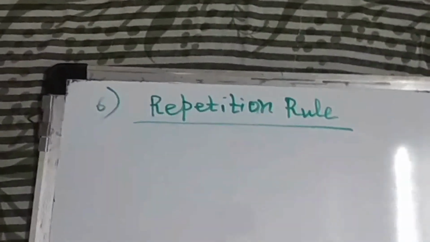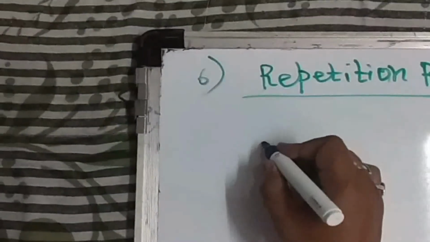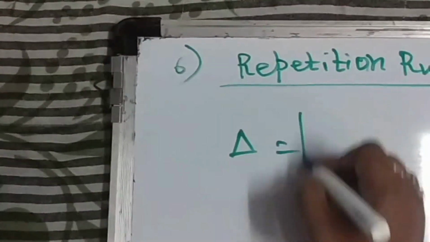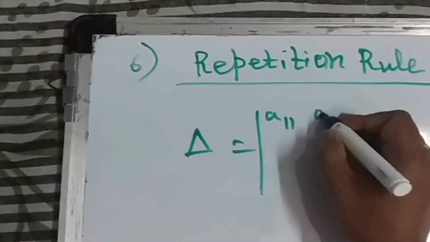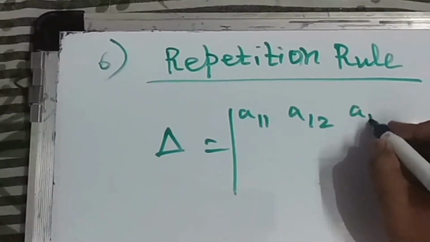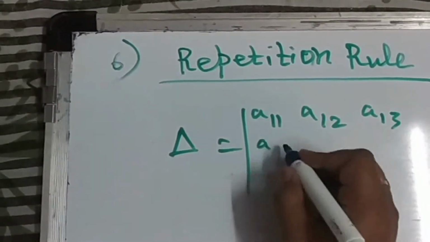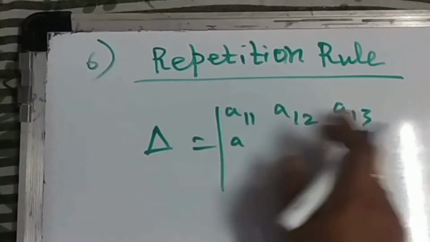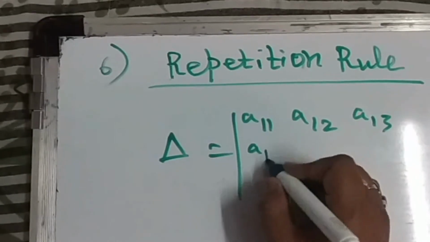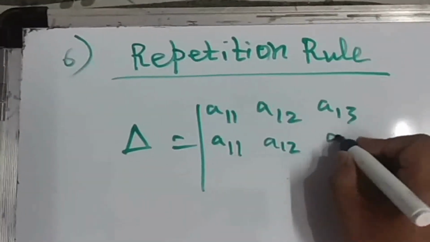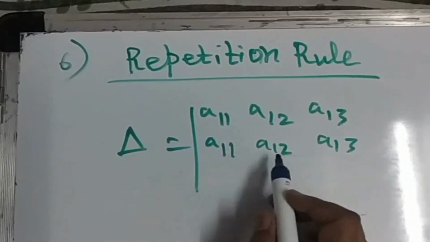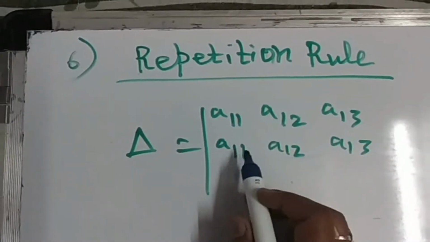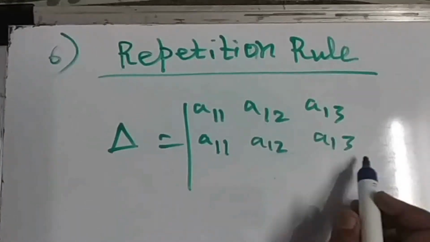Very easy. If the determinant has the same rows or the same columns, here I have written the first row, and in the second row I am writing the same thing. The second row should be 2 1, 2 2, 2 3, but I have written 1 1, 1 2, 1 3. First row and second row are the same, third row as it is.